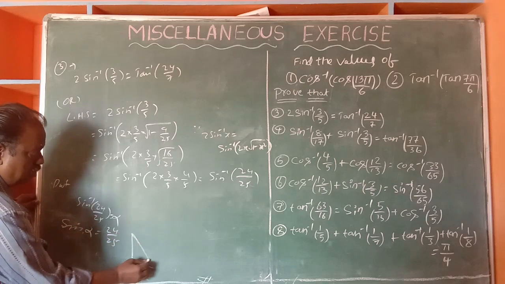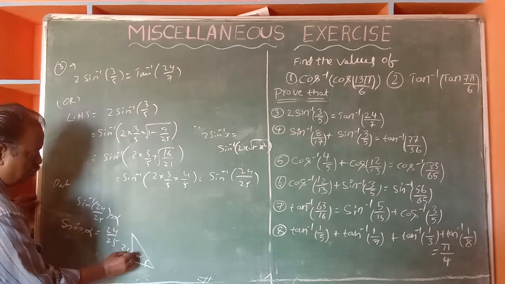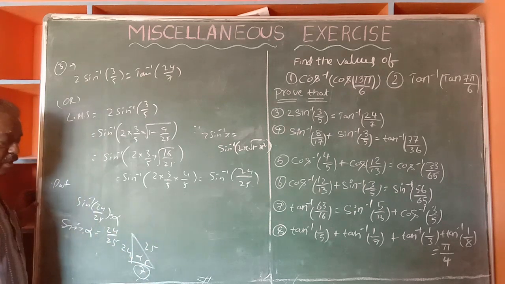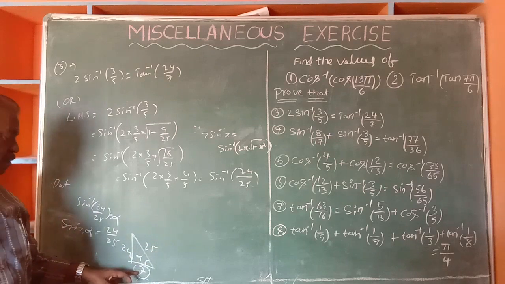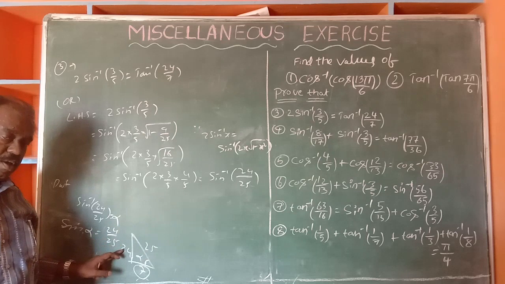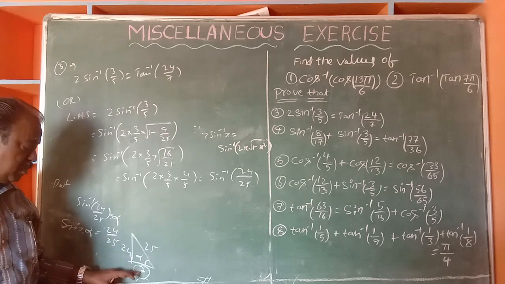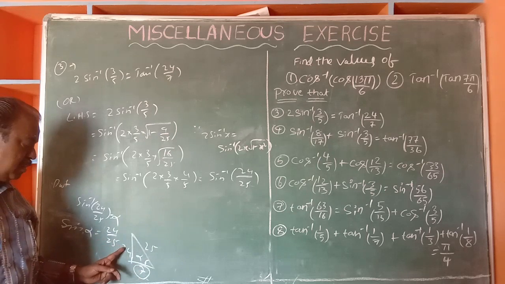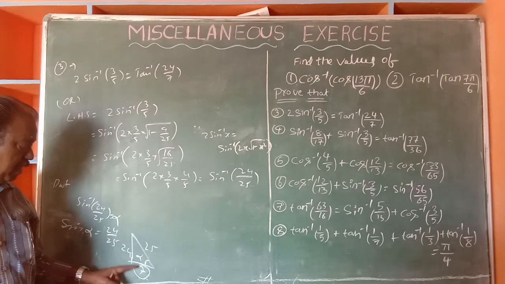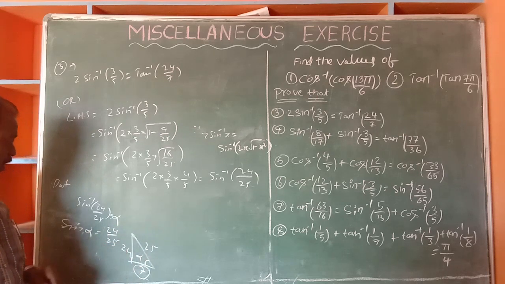That means the opposite side is 24, the hypotenuse is 25, then automatically the adjacent side is 7. 7, 24, 25 are Pythagorean numbers: 24 square is 576, 7 square is 49, 576 plus 49 is 625, which is 5 square. Using the Pythagoras theorem we can verify.